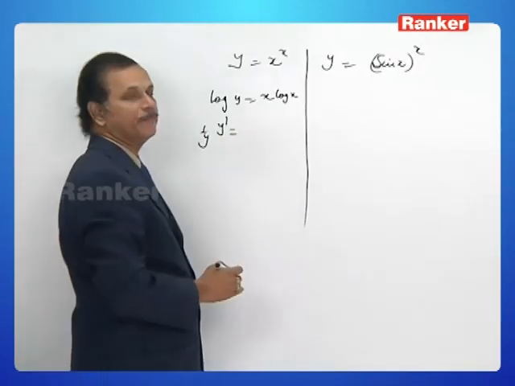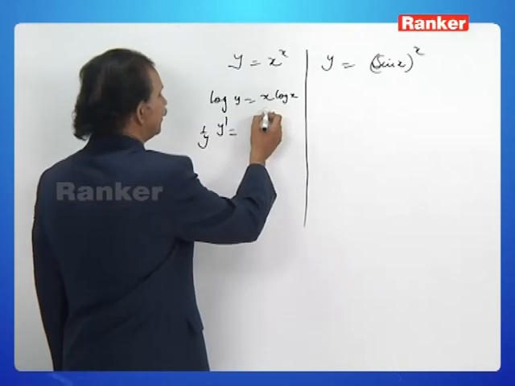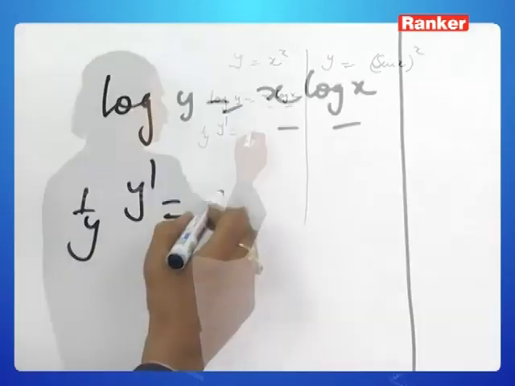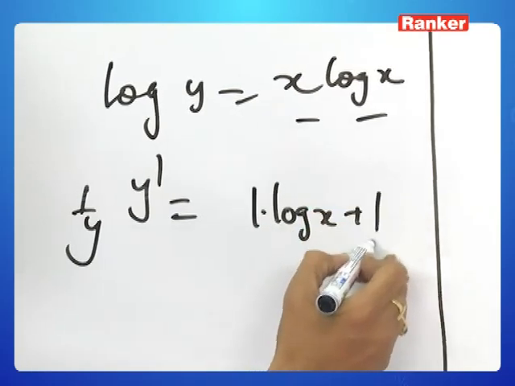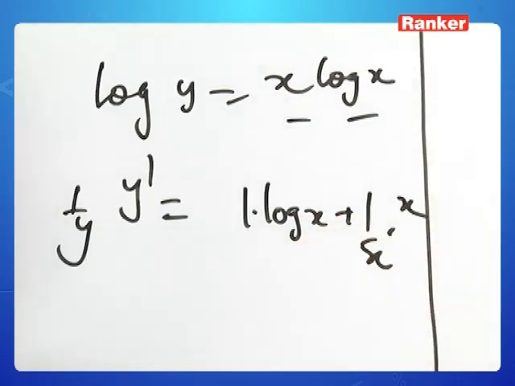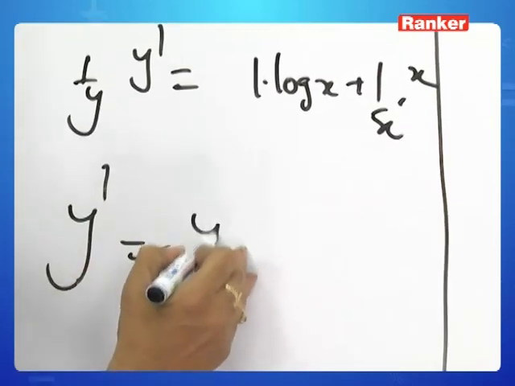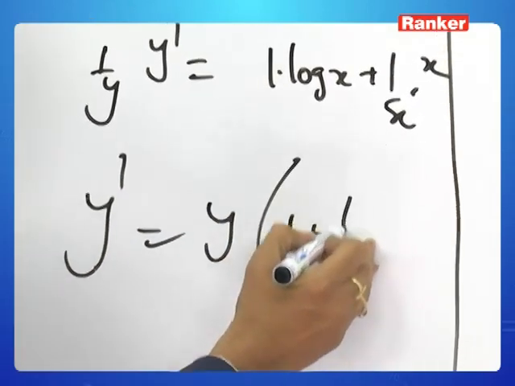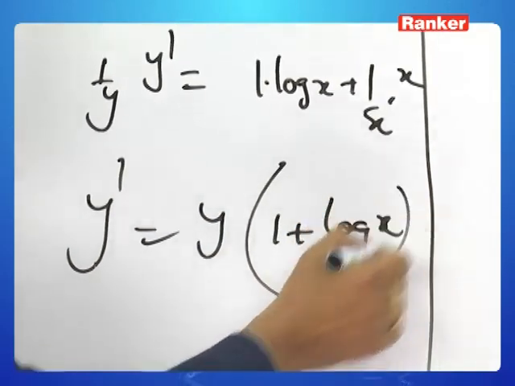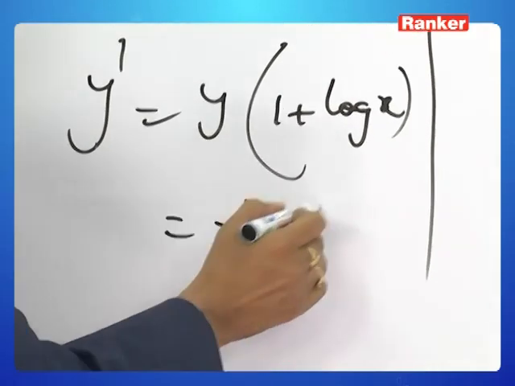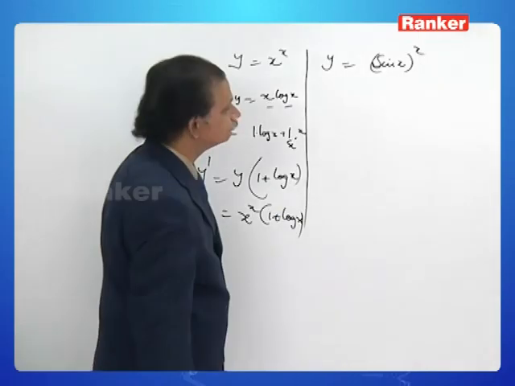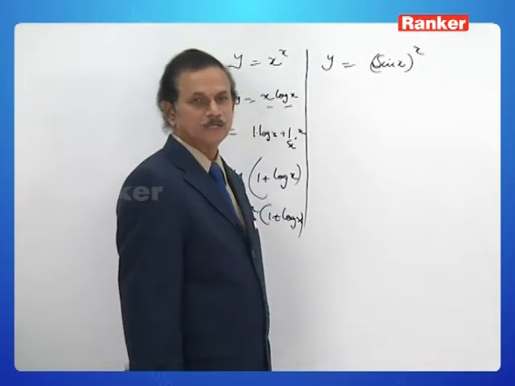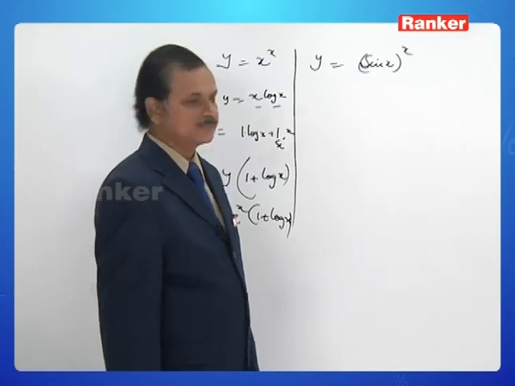Y dash, I mean dy by dx, is given by the uv formula: u derivative into v plus v derivative into u. So y dash is equal to y into 1 plus log x, that is x power x into 1 plus log x.